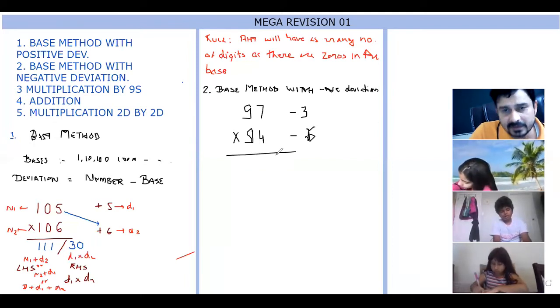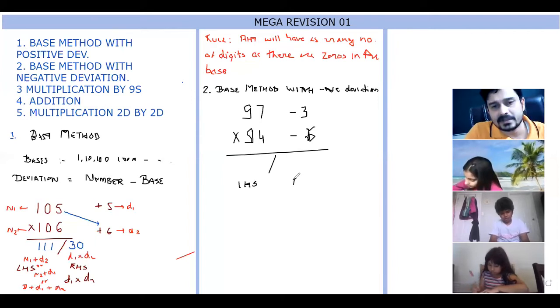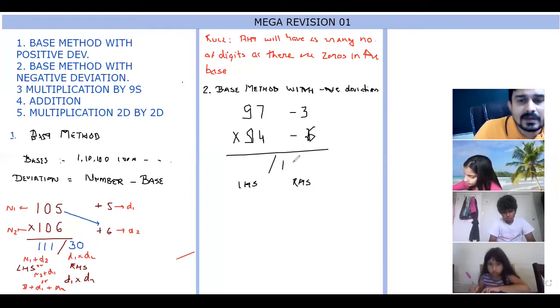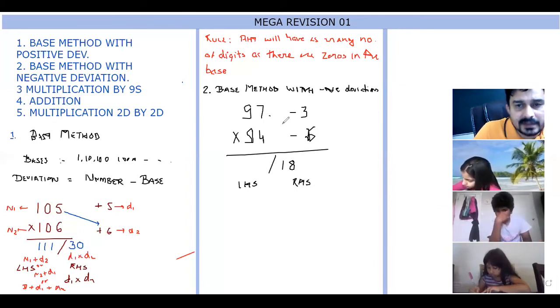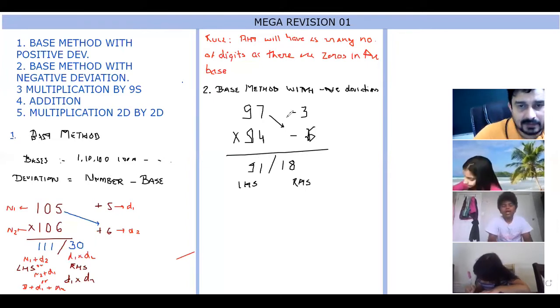We divide the answer in two parts, LHS and RHS. Here RHS is obtained by multiplying D1 and D2, that is 6 times 3, 18. LHS is 97 minus 6, or 94 minus 3.